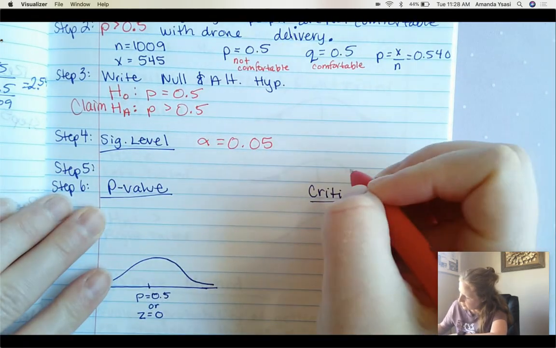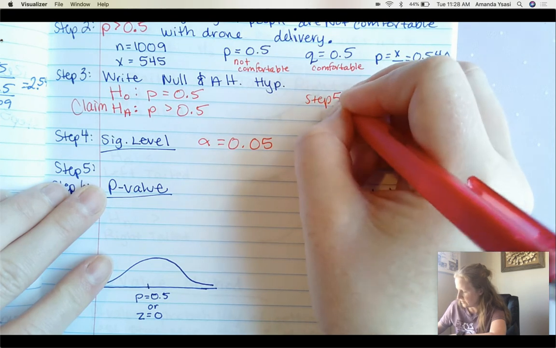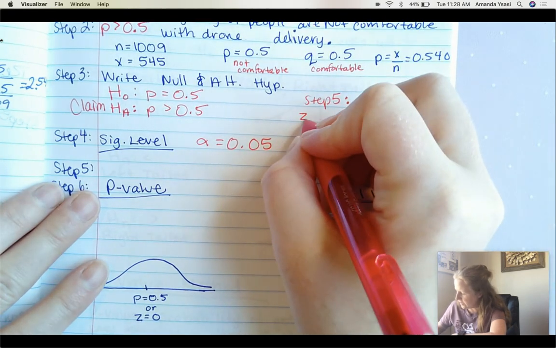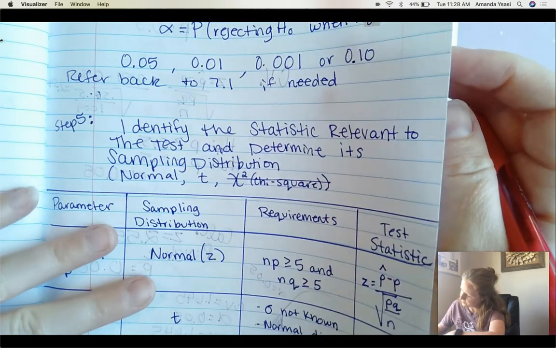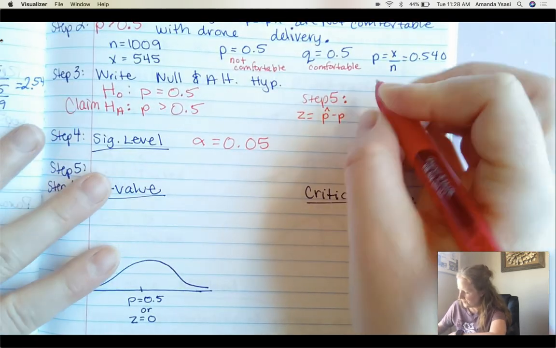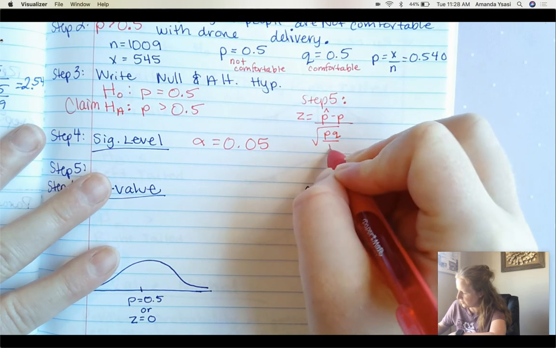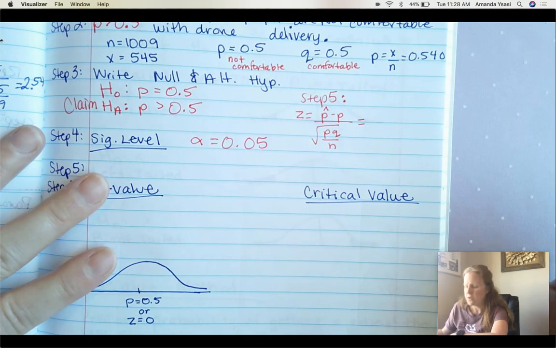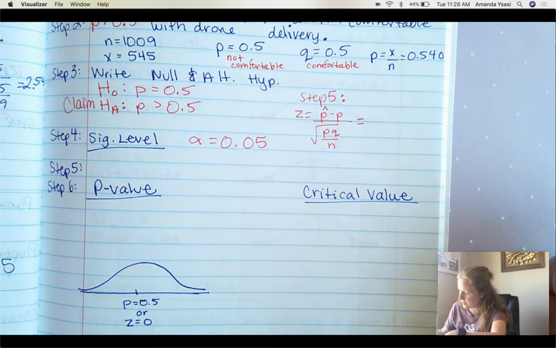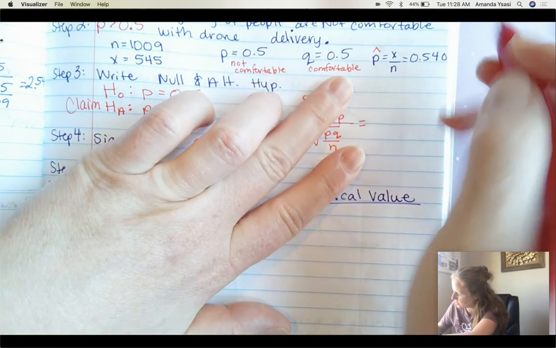So I'm going to write it over here. z equals p hat minus p over the square root of pq over n. So our p hat is this, I should put p hat there.